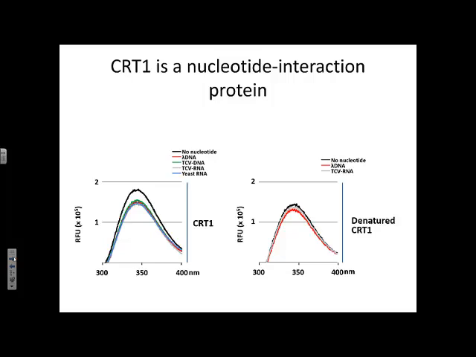We put in the TCV DNA, TCV RNA, yeast RNA, lambda DNA, whatever was available in the laboratory, and then we tried to see the difference. But what we found was there are always interactions if you put in any nucleotide. Looks like it's a non-specific fashion. And here, if we denature the CRT1, then this DNA nucleotide interaction is abolished. So this is activity-based.